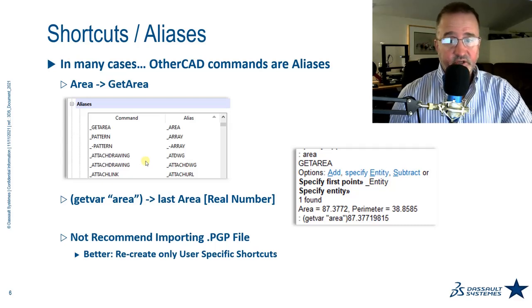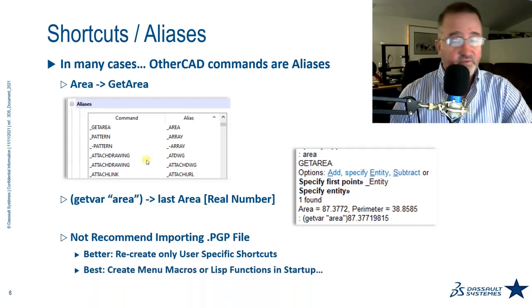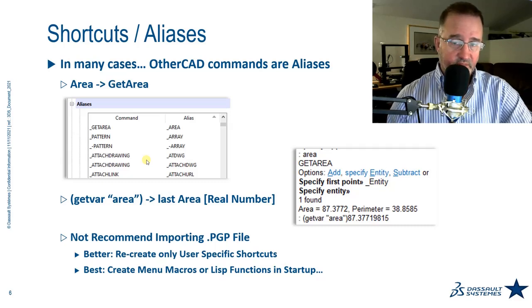Now, my recommendation, what I think is an even better methodology, and I did show this in the last video as well, is to create a macro or a Lisp routine in your startup and then define those functions as your aliases.